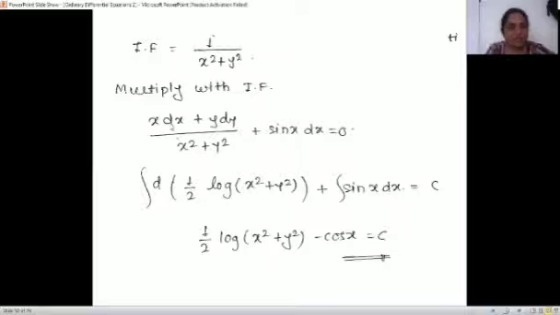So this is integrable now. This is the derivative of 1/2 log of x square plus y square, as 1/2 is outside already. Taking integration on both sides, we get 1/2 log x square plus y square minus cos x is equal to c as the answer.